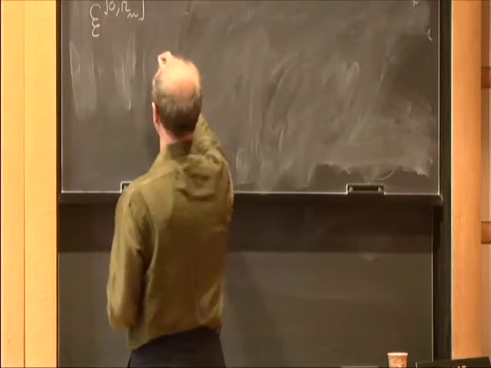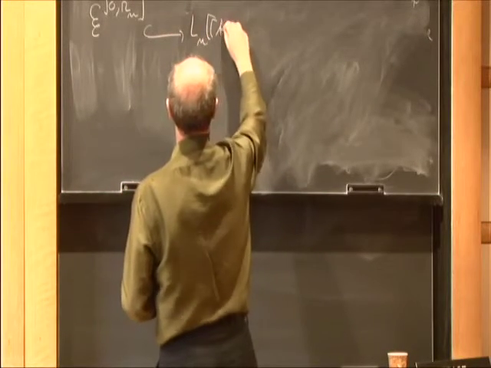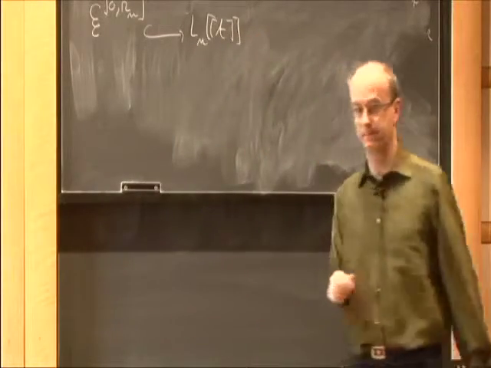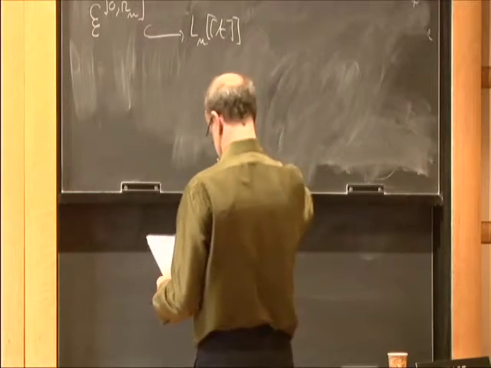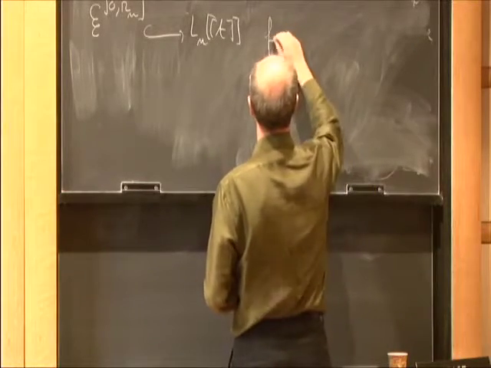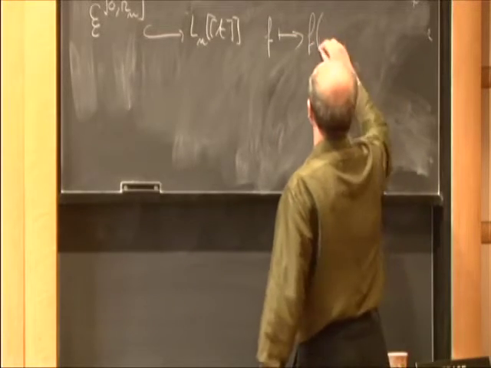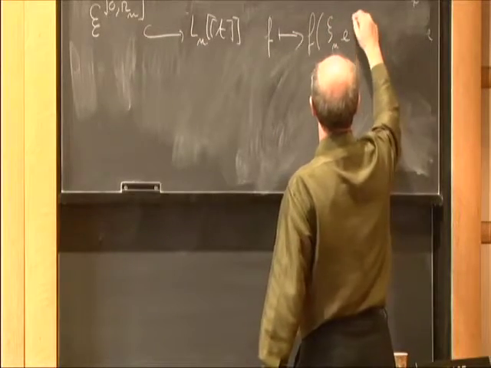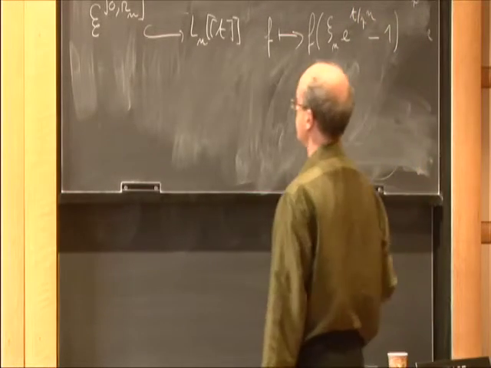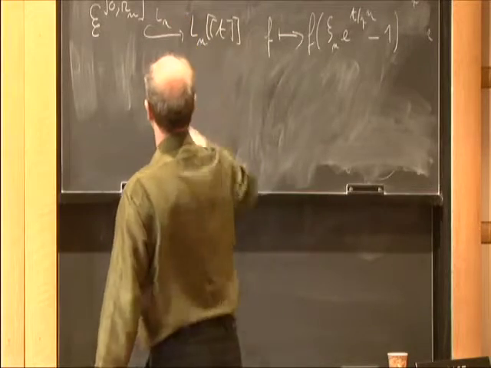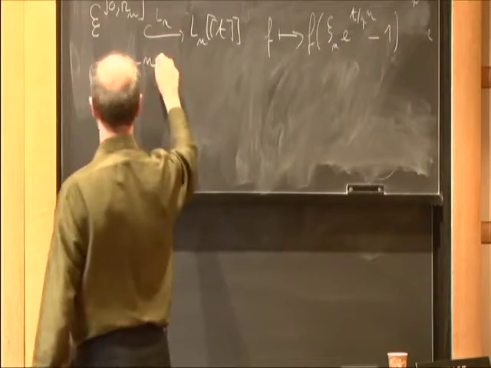And so you can send it to L n double bracket t in the following way. So you send f to f of zeta n e to the t over p to the n minus 1. So what is this map? We call it iota n, this one. But this iota n is nothing else, in fact, than Frobenius applied to minus n.